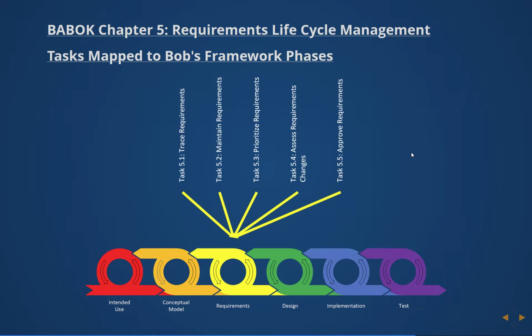Let's look at Chapter 5, Requirements Lifecycle Management. Well, this one is a slam dunk. They're all about requirements. So what you do is trace requirements, that task 5.1. Then you maintain them, so you'll document them. Then you'll prioritize them, so that's when you figure out what order you're going to address them in.